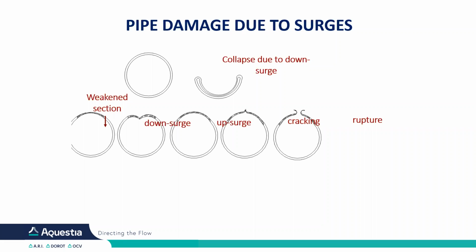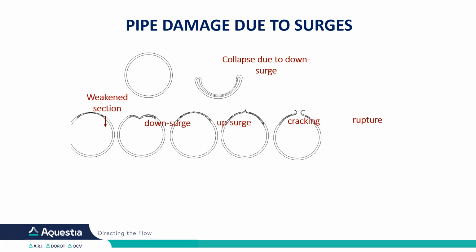It's something that can take years until eventually you'll see the rupture. So you can have those small down surges and up surges in the system that will create the crack in the pipeline, and eventually that big rupture, the big burst of water coming out, and those water losses.